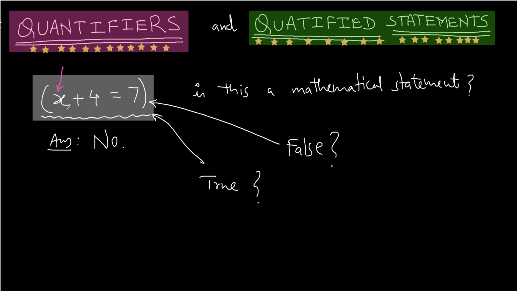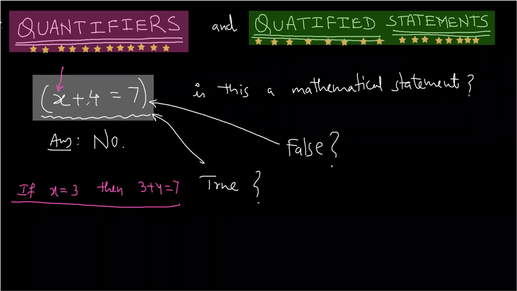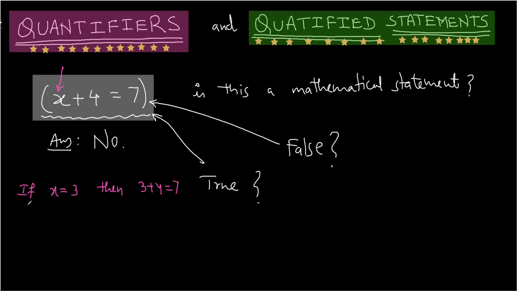If x is equal to 3, then 3 plus 4 is equal to 7, and what I understand is that the statement is true.